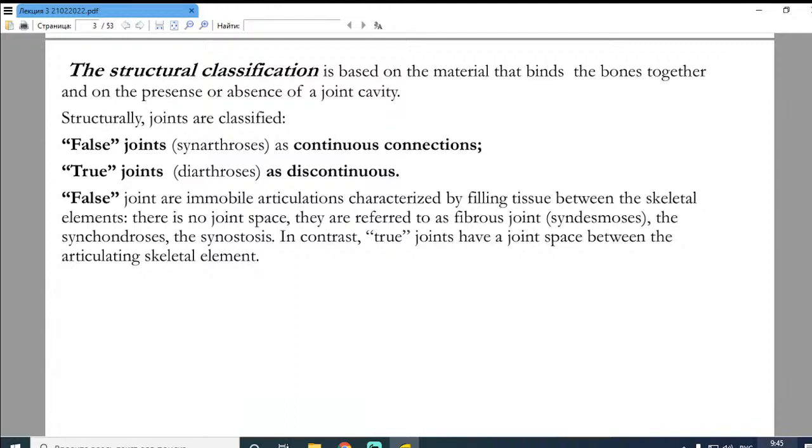False joints are immovable articulations characterized by filling tissue between the skeletal elements. There is no joint space. They are referred to as fibrous joints: syndesmosis, synchondrosis, synostosis. In contrast, true joints have a joint space between the articulating skeletal elements.